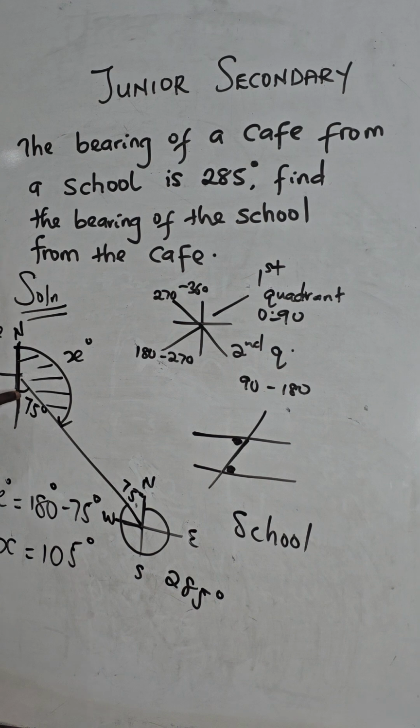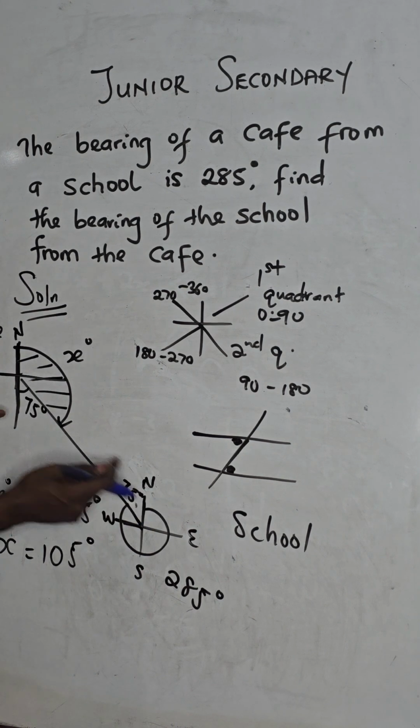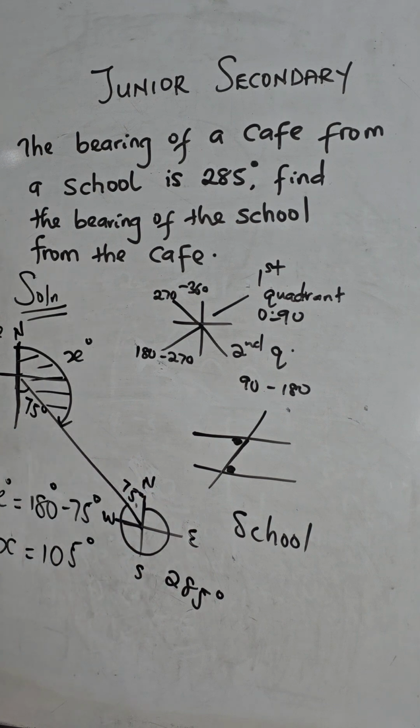That 75 can also be here by alternate angles. So the bearing of the school from the cafe, from the north of the cafe to where it touches the line, will be 180 minus 75 to give me this shaded region, which is 105 degrees. Thanks for watching.